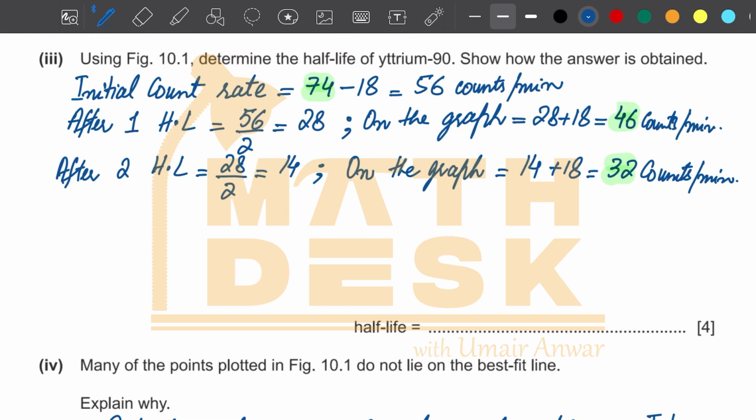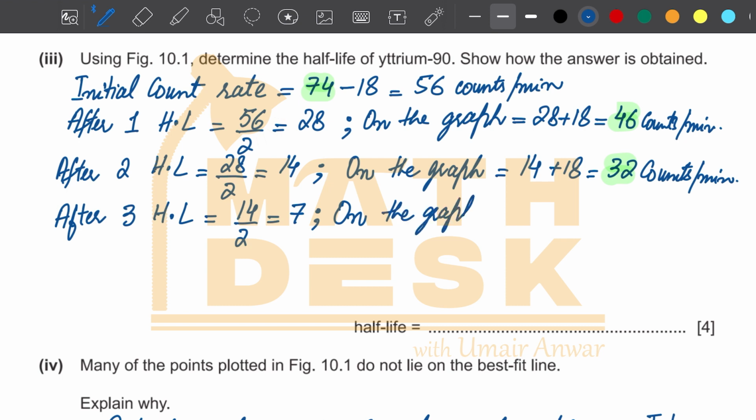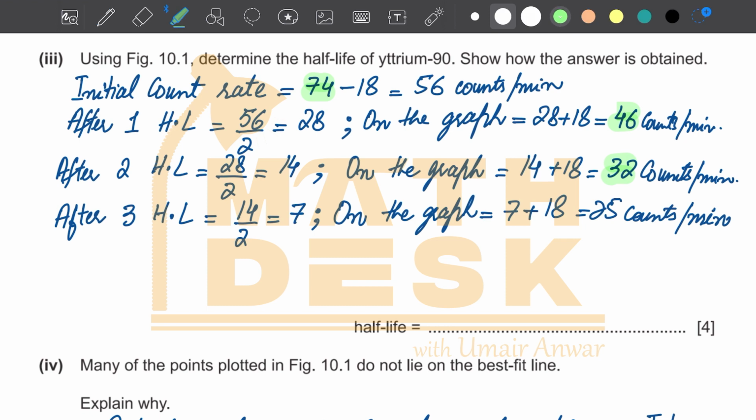Now continuing in the same manner, after the third half-life, the count rate would further decrease by half and it would become 7, and on the graph we have the value of 7 plus 18 equal to 25 counts per minute. So this is the third value that we have obtained here.